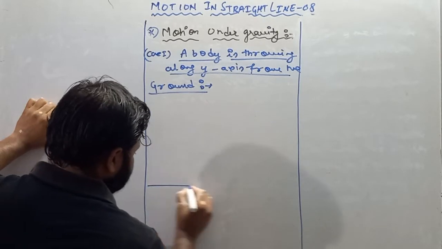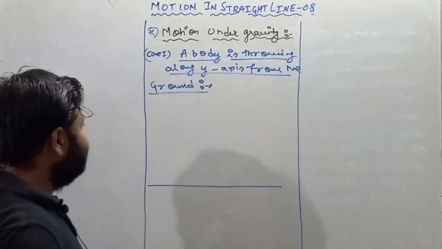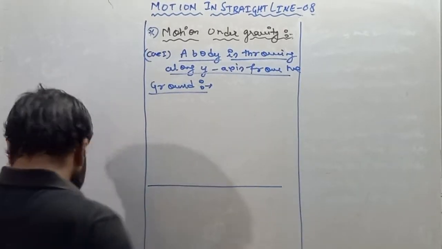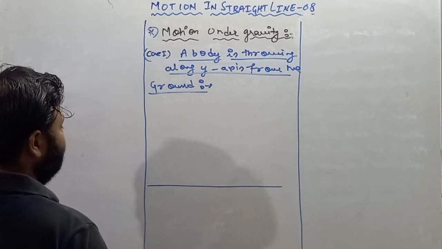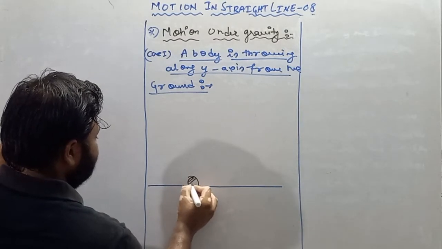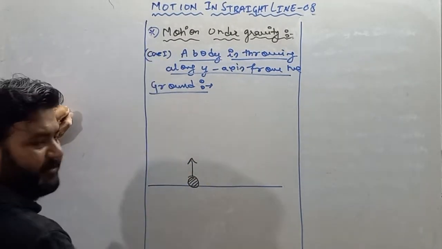So case first is a body is thrown along the y-axis from the ground. Now see, my dear students, let's suppose this is the ground and a particle is thrown in the upward direction along the y-axis. So we have a particle like this and we are throwing this particle in the upward direction.